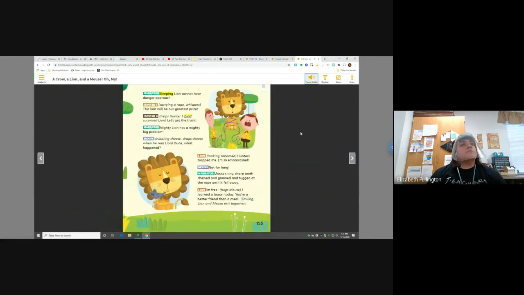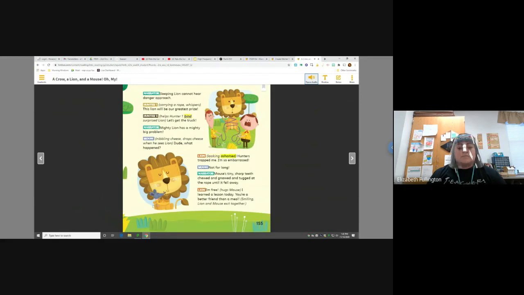Narrator. Sleeping lion cannot hear danger approach. Hunter 1, carrying a rope, whispers, "This lion will be our greatest prize." Hunter 2 helps Hunter 1 bind surprised lion. "Let's get the truck." Narrator. Mighty lion has a mighty big problem. Mouse. Nibbling cheese, drops cheese when he sees lion. "Dude, what happened?"